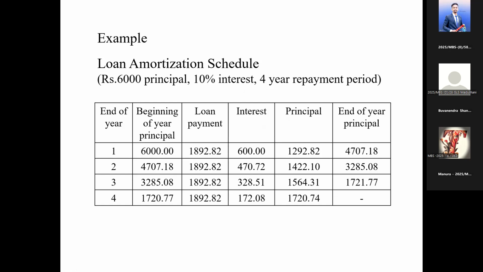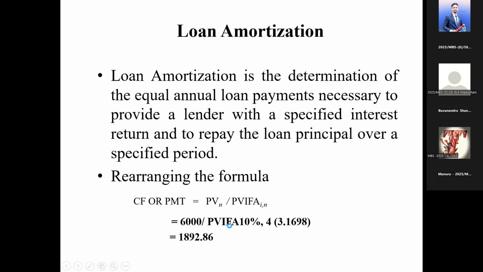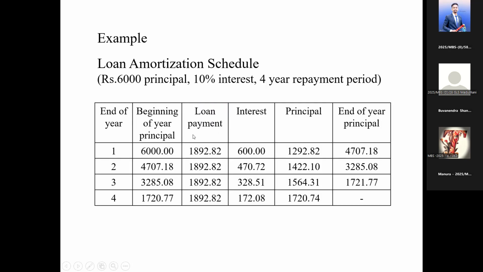First, we need to identify the installment payment. Using 6,000, 10%, 4 years, the present value and annuity factor, it is 1,892.86. So we need to pay this loan payment each year. The frequency is annual, but you can imagine it monthly, then you pay this amount monthly.